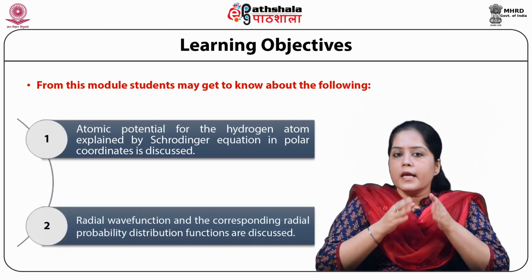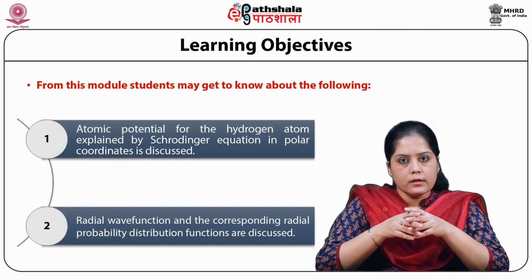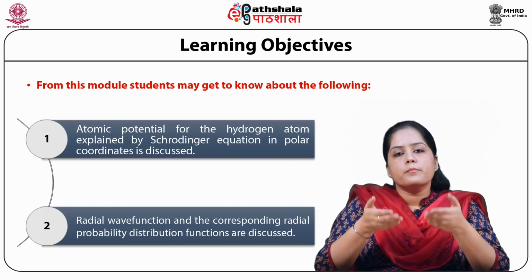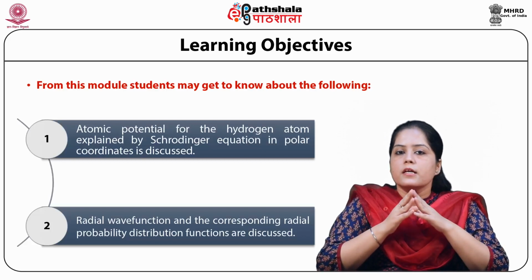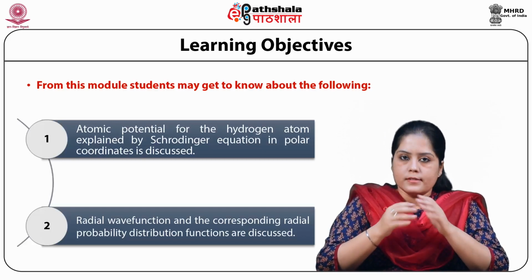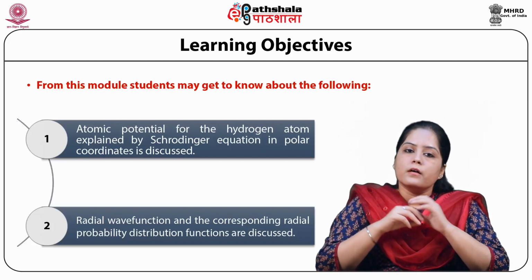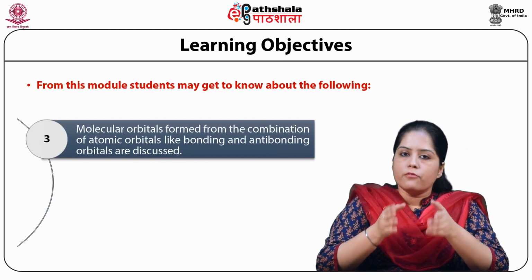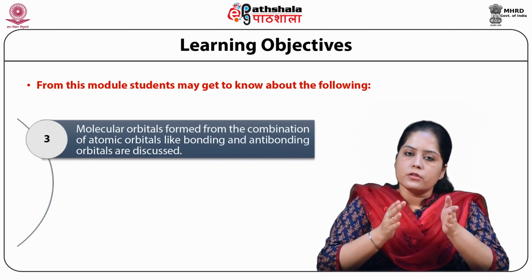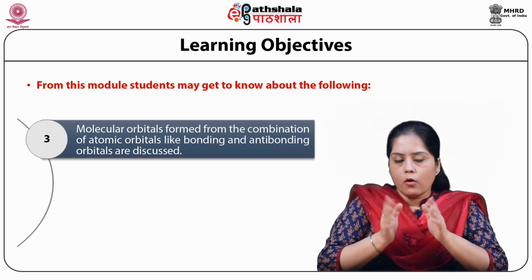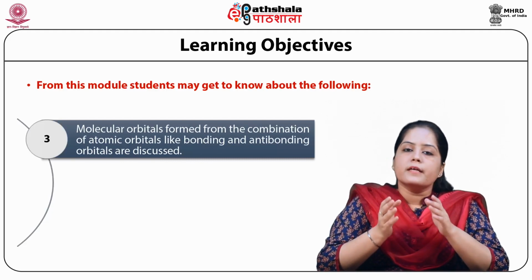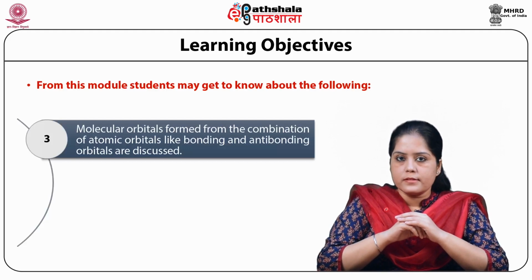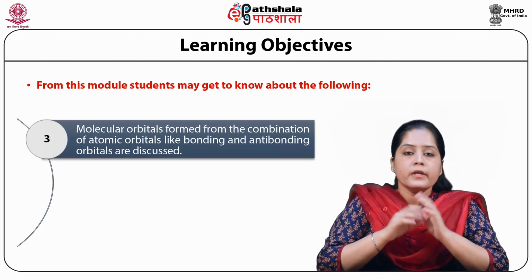Second, the radial wave function and the corresponding radial probability density functions are discussed. Third, the molecular orbitals, which are formed from the combination of atomic orbitals like bonding and antibonding orbitals, are discussed.